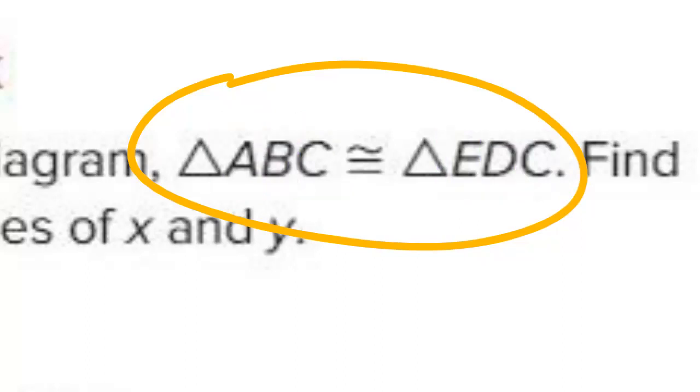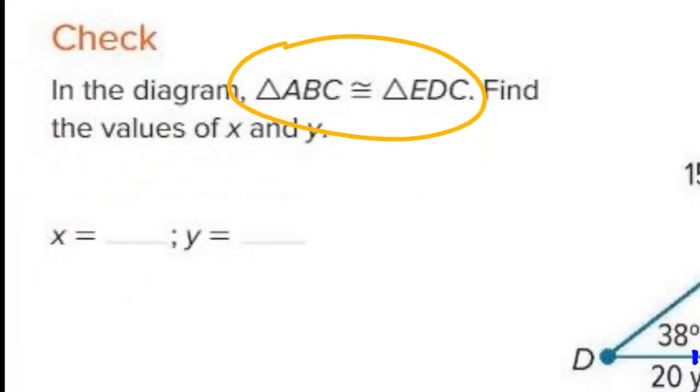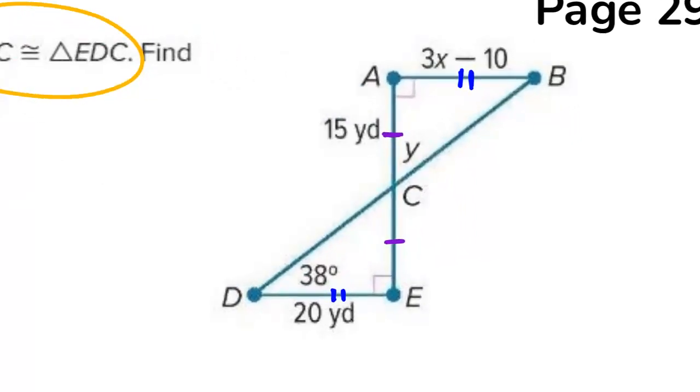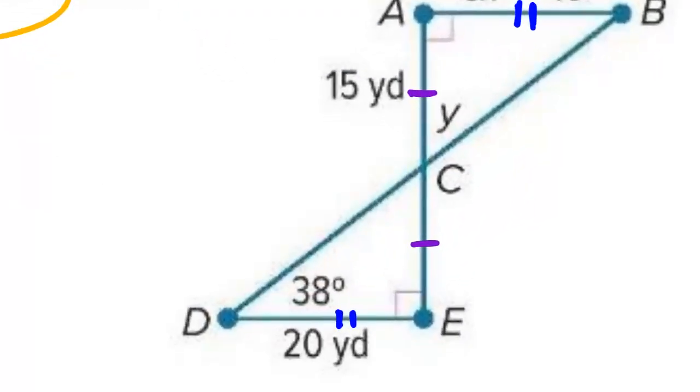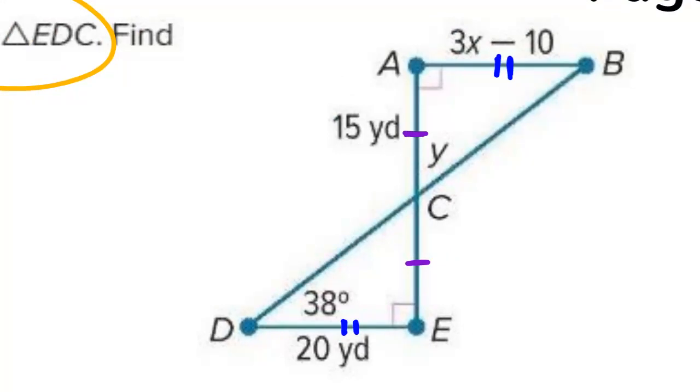Please remember, and I know it's going to take some time to get used to, you're not matching them up just based on looks. You have to use that triangle congruence statement to make sure that you are matching pieces up correctly. What else is congruent sidewise? What other sides are congruent? DC and BC.